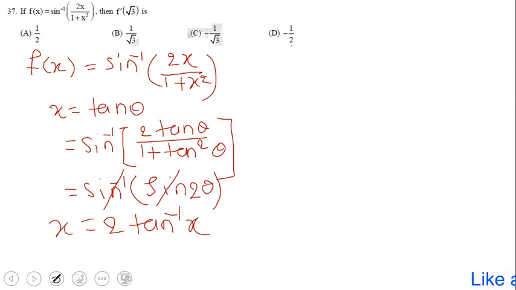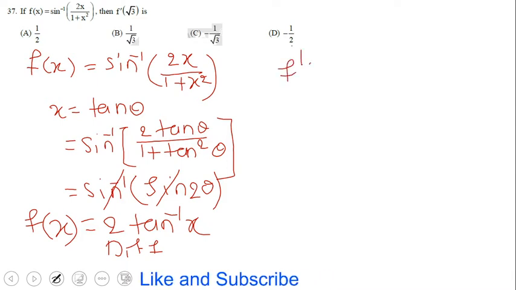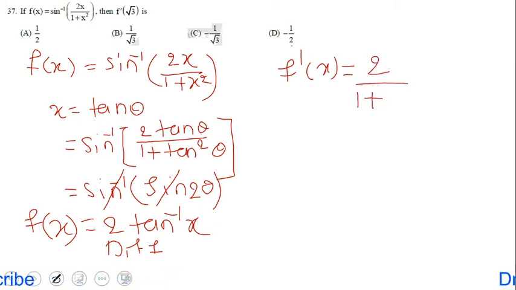Further we have to differentiate this. This is f of x, so the differentiation of f of x is f dash of x. Then we use the chain rule: 2 is as it is, and the differentiation of tan inverse x is 1 divided by 1 plus x square. Then we take the value of x as root 3.